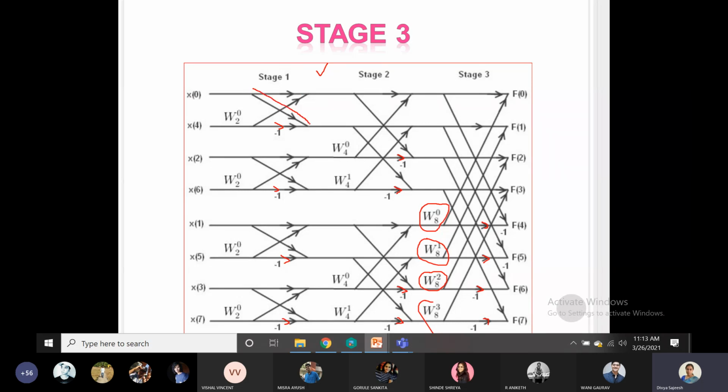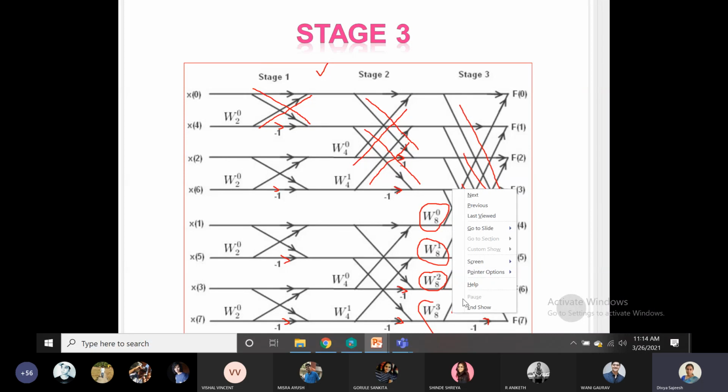Now when it comes to the second stage, the first 2 inputs will be connected to the last 2 and the last 2 inputs will be connected to the first 2. Now when it comes to the third stage, the first 4, that is first, second, then third and fourth, will all be connected to the last 4, and the last 4 elements will be connected to the first.